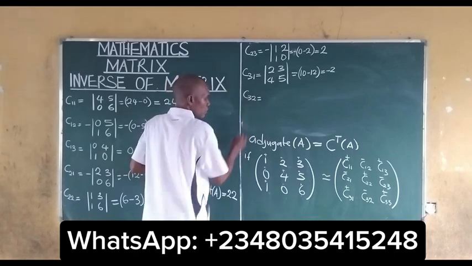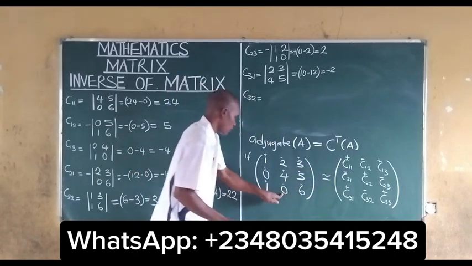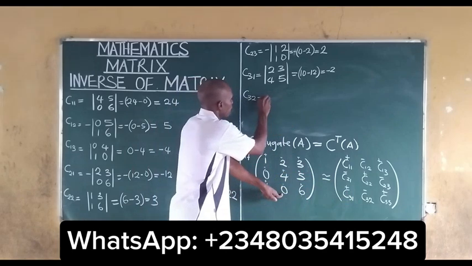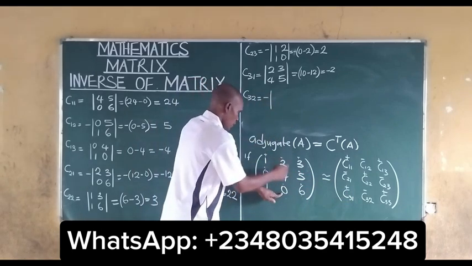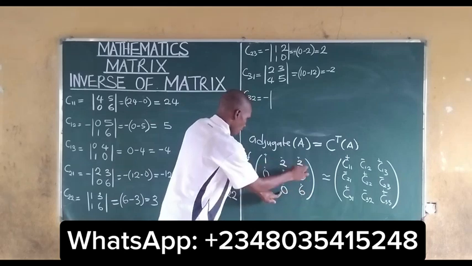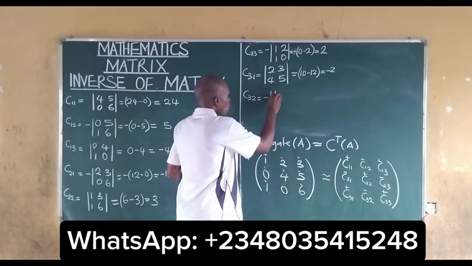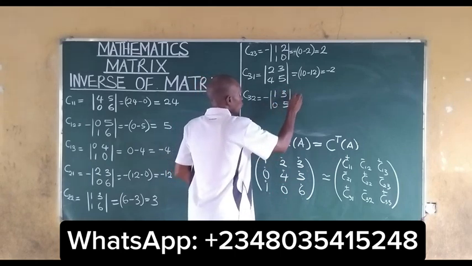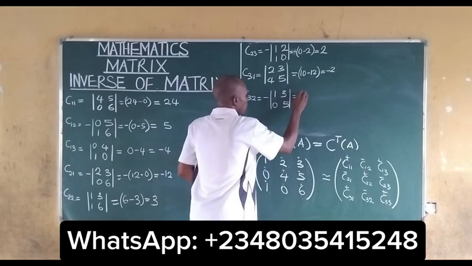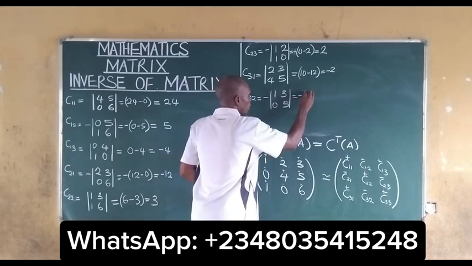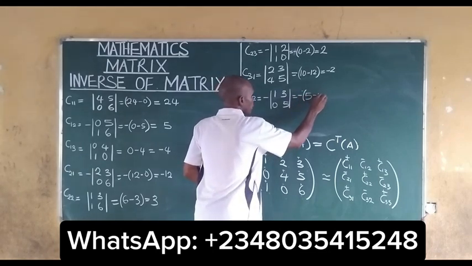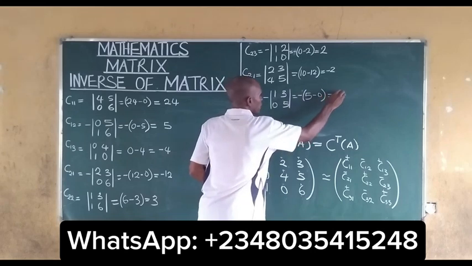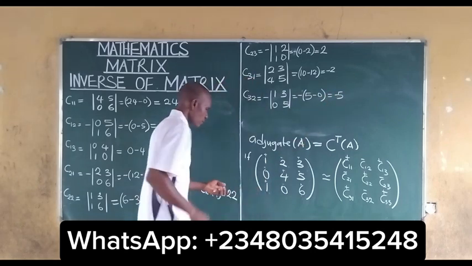C32 is negative, so we have 1 3 0 5, which is equal to negative of 5 minus 0, which is negative 5.